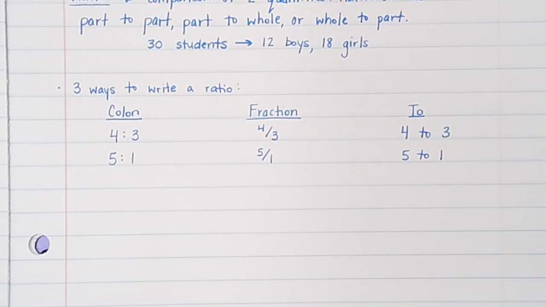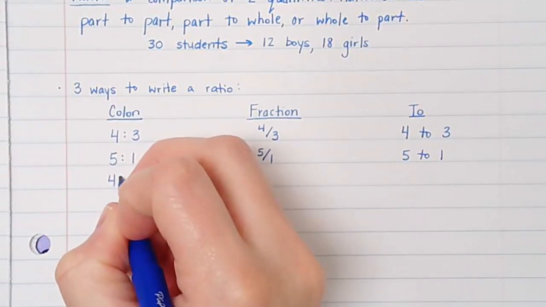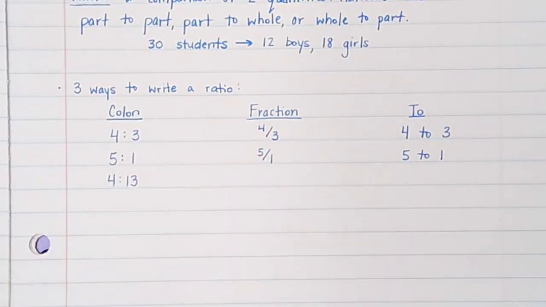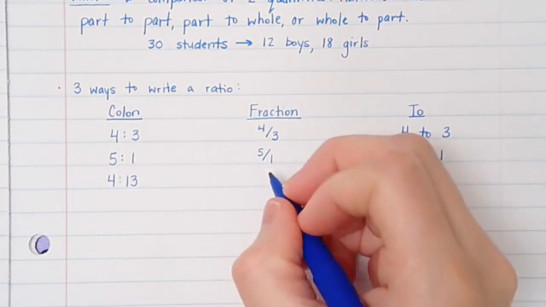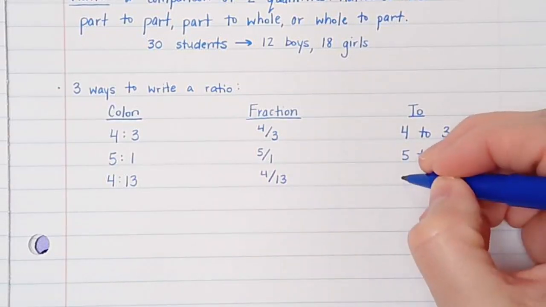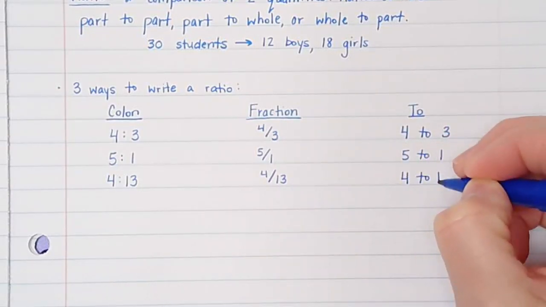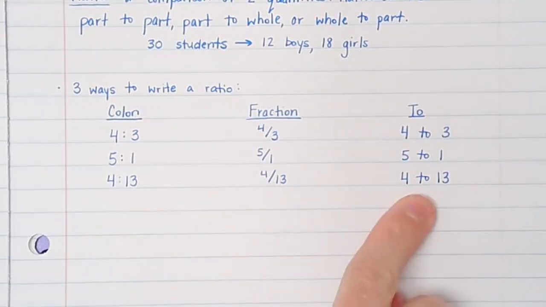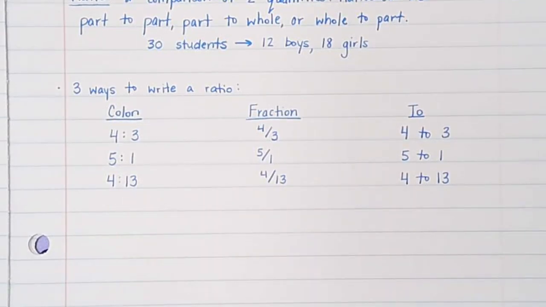Alright, another one. I'm just making these numbers up. I mean, they don't have any particular meaning. Okay, as a fraction. And then with the word form. Remember, you say these two the exact same way. We're just writing it different ways.